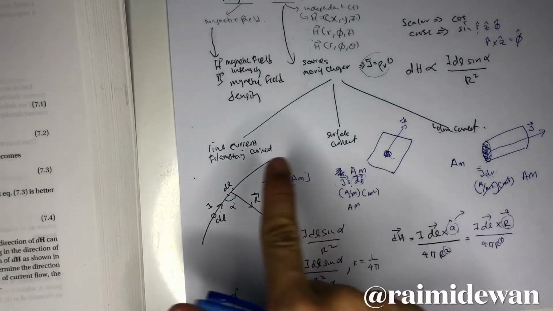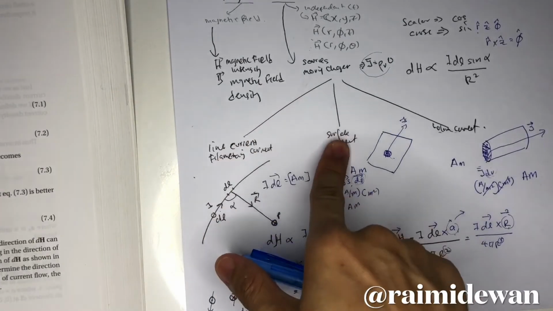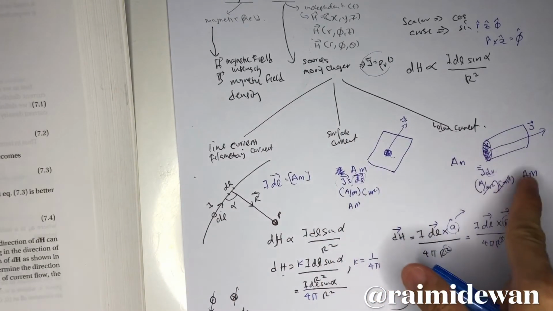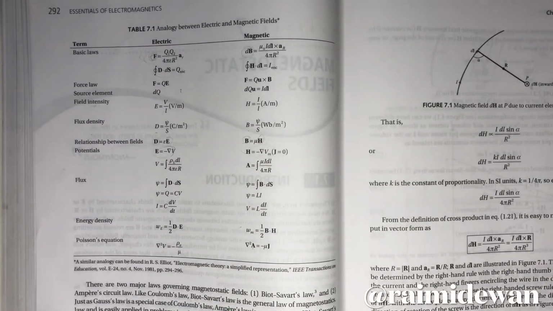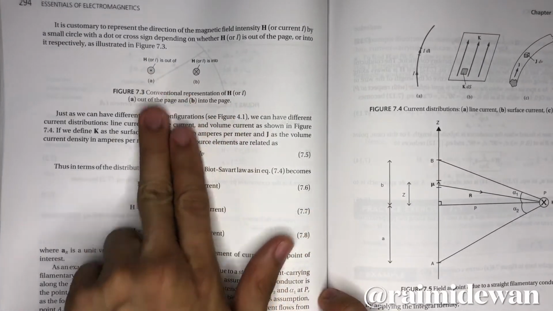So whatever the nature of line current, surface current, volume current, you have ampere meter. This is what I already explained just now.